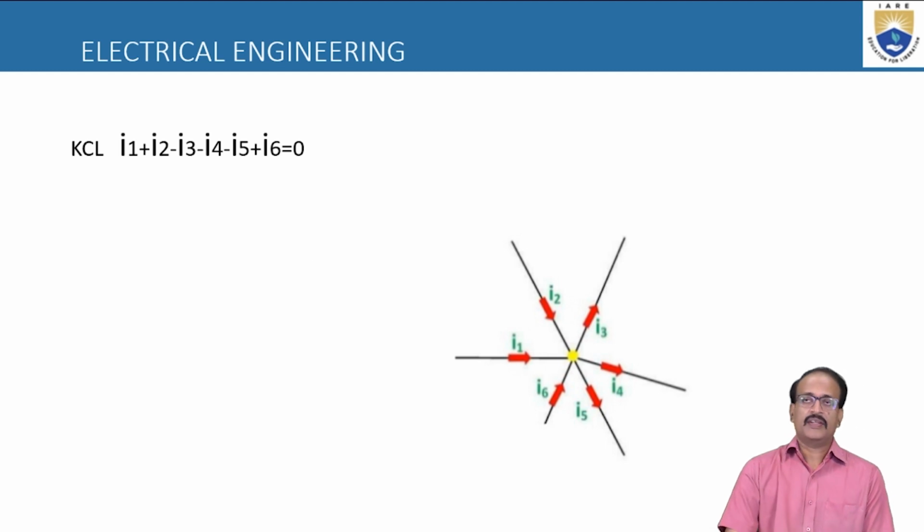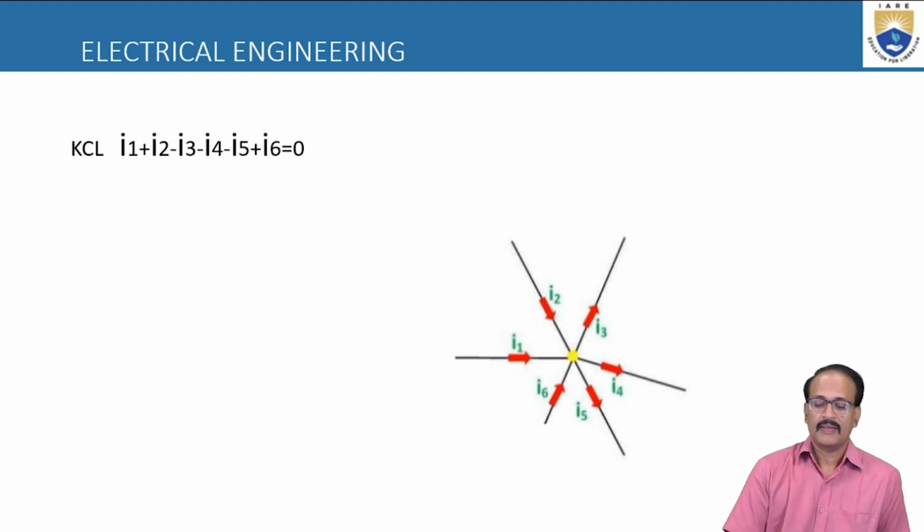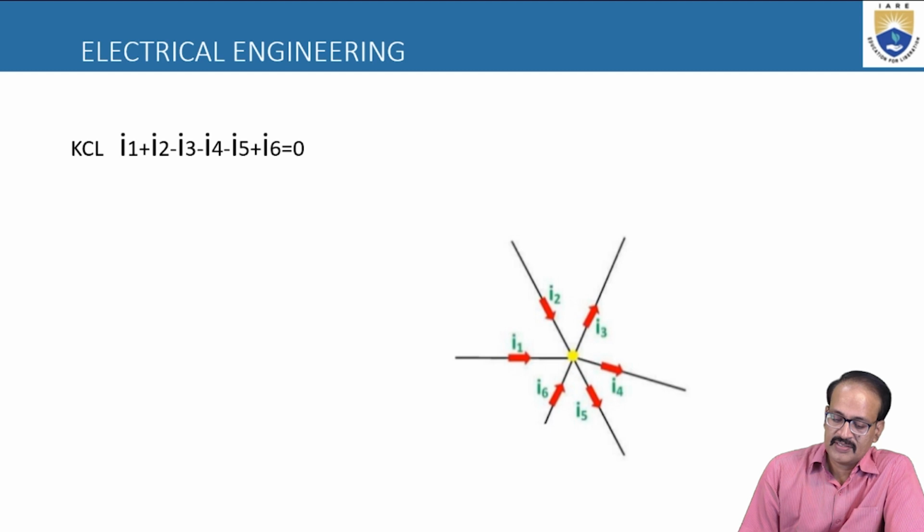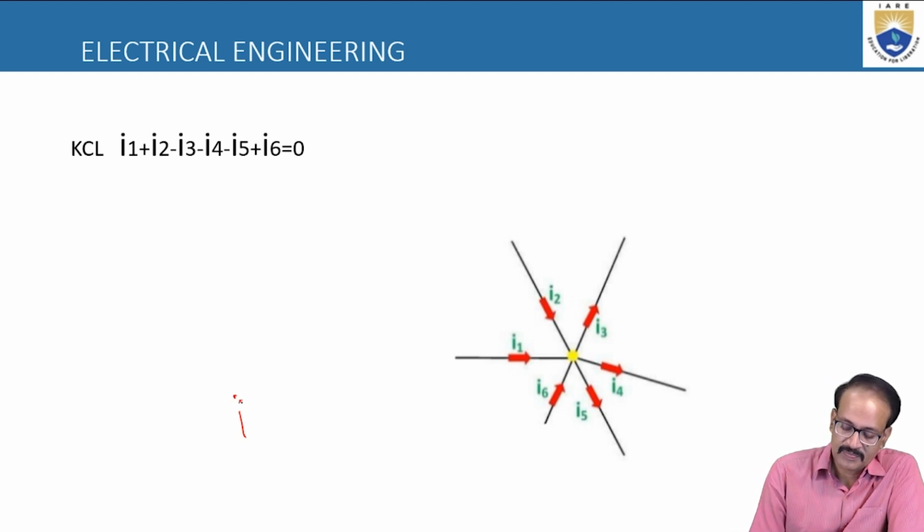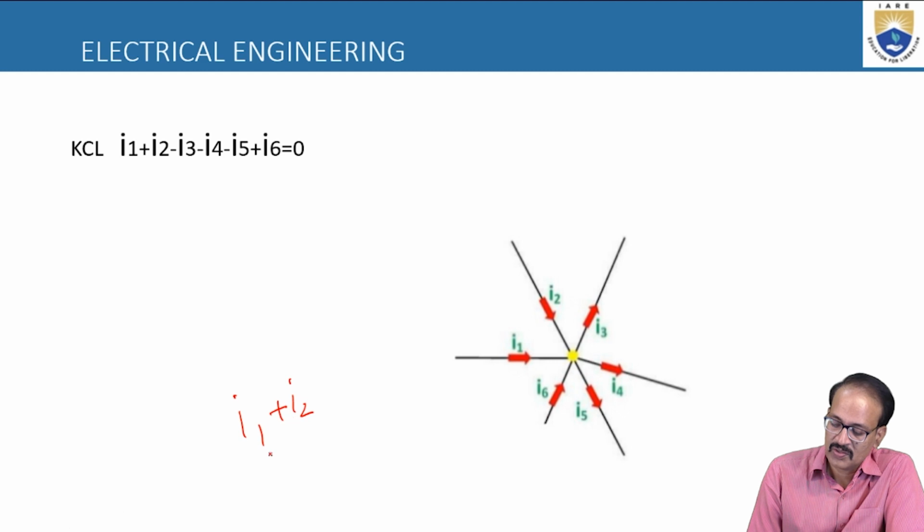And we will see another, similar example. See, what are the currents? We will take the negative symbol for the currents leaving. So first we will write what are the currents entering. I1 is entering, so I1 plus I2, plus the remaining currents which are entering the junction.